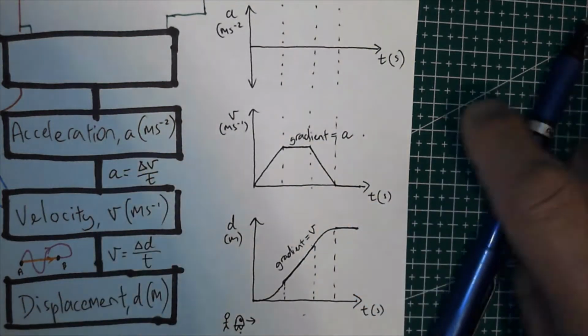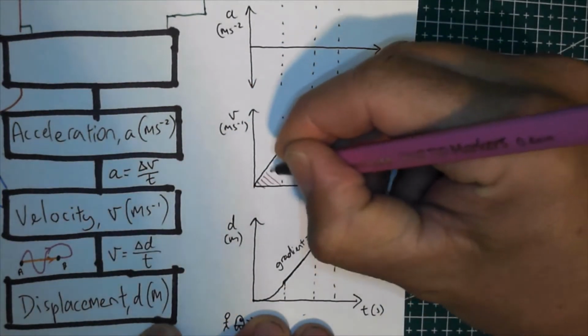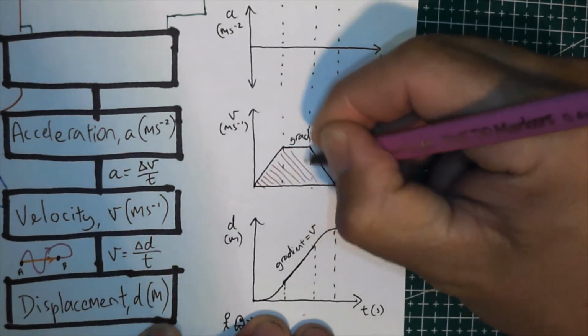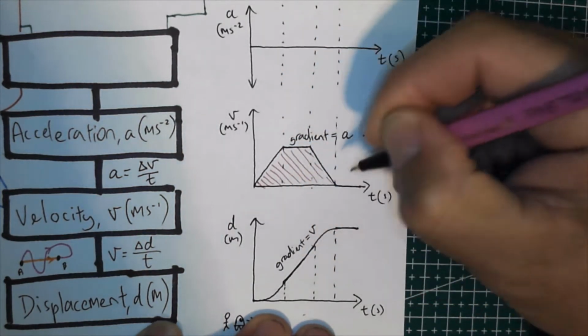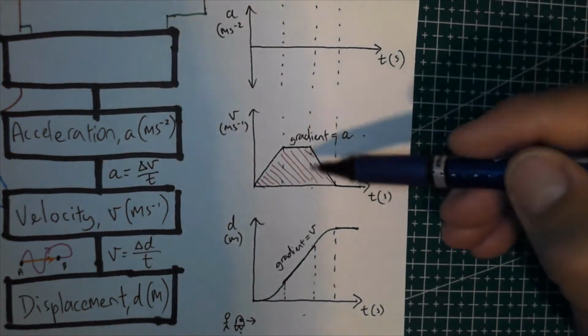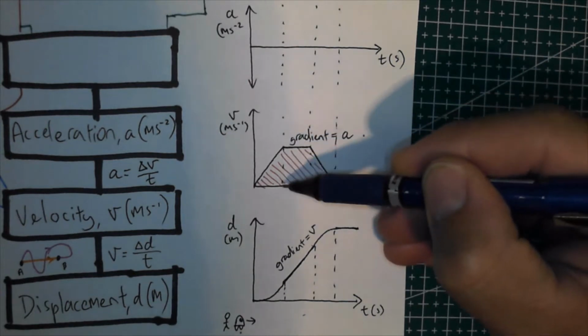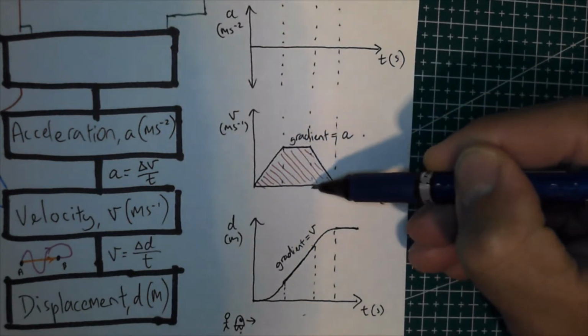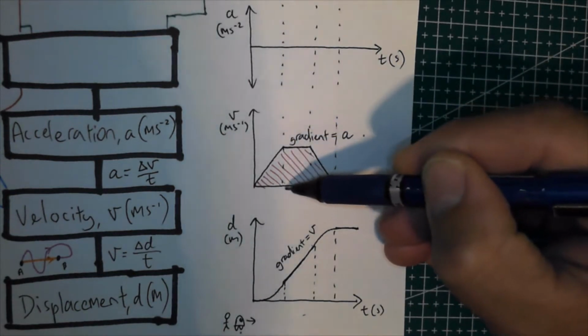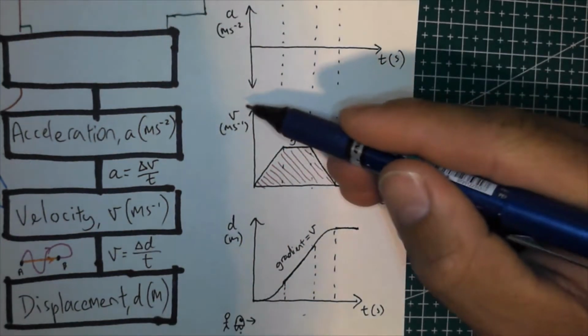Another interesting thing on a velocity time graph is the area under the line. The area under the line also represents something, and those people that are good at calculus will already know where I'm going with this. To calculate the area under the line, let's just take this rectangular section in here. The way you do that is by doing base times height. So that means we'd get t times v, or you can rearrange that, v times t.